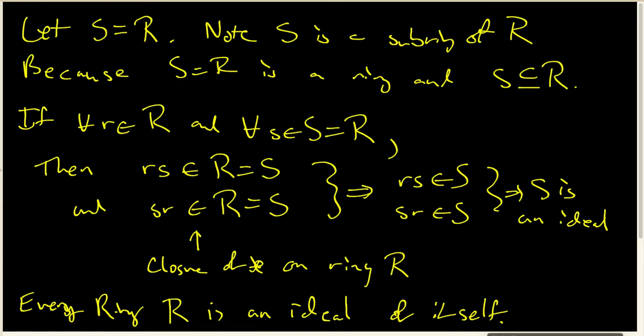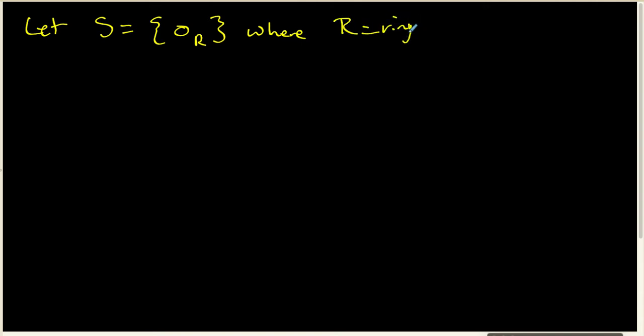Okay, our second example is going to be this. We're going to let S be the set containing just the zero element of ring R. And it turns out that this set is also an ideal.